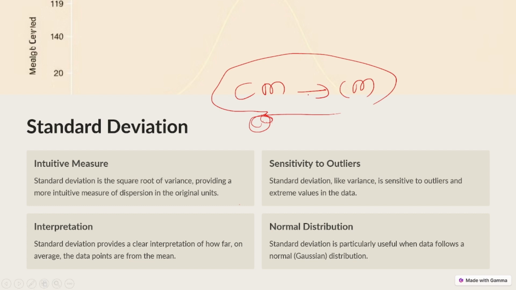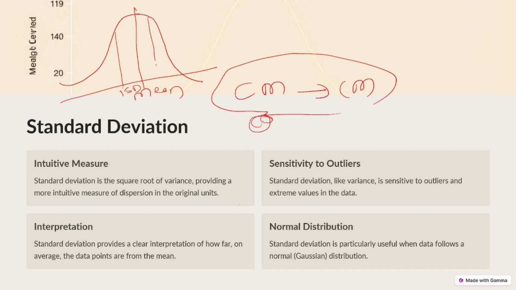For example, let me clear this. If you have a distribution like this, for example, our normal distribution, and this is our mean value, then you can find this is our first standard deviation away from the mean.